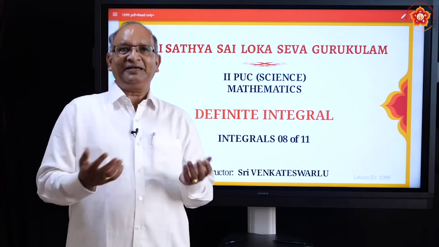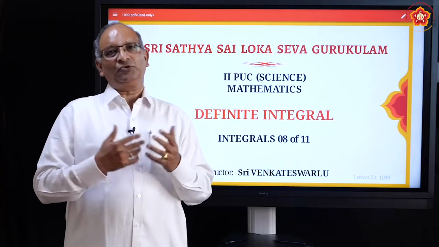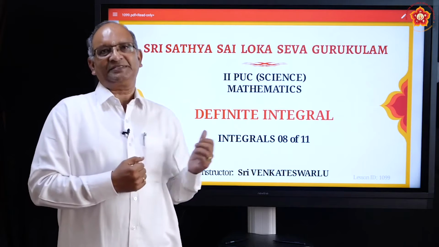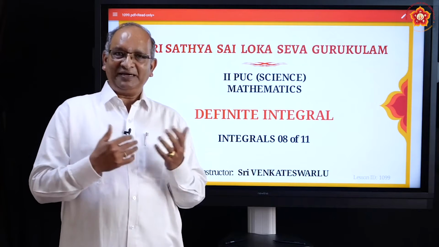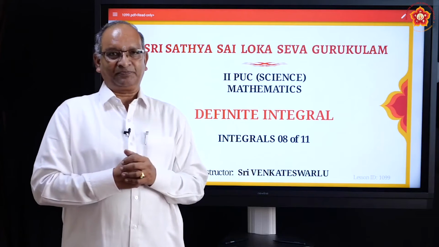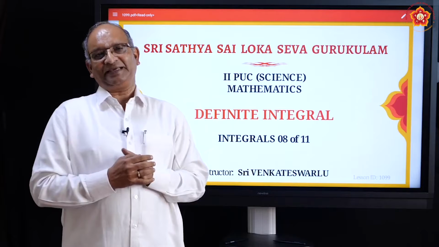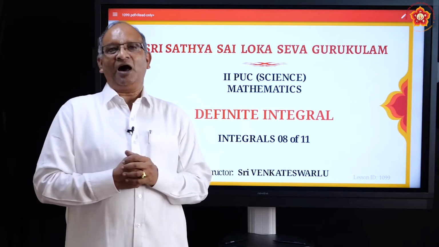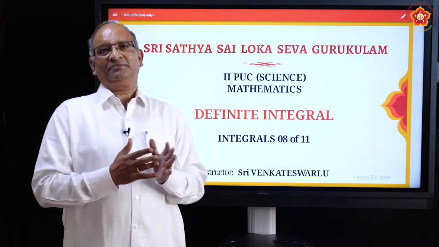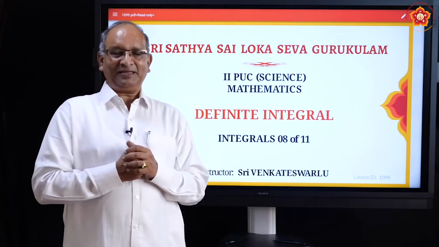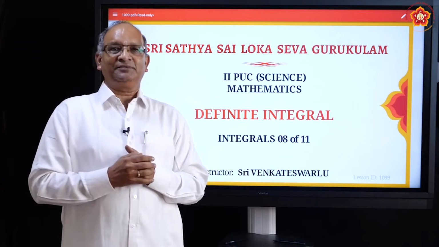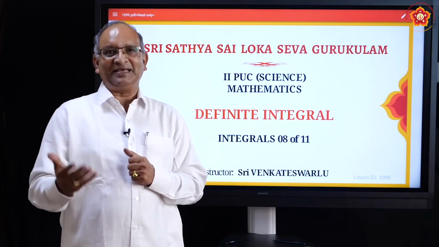Now, this definite integral is defined in two different ways. The first one, which we are going to see today, is called definite integrals as sum of functions. And later on, we are going to see a much easier way of evaluating a definite integral. After learning the basic part today, when we go to the second part, you will realize that the second part is much easier.